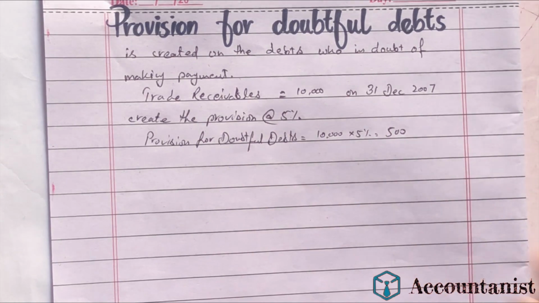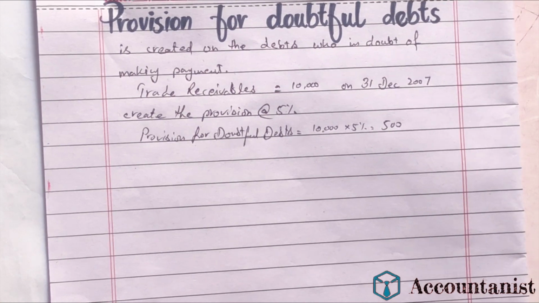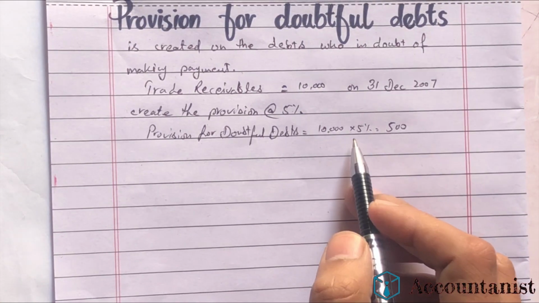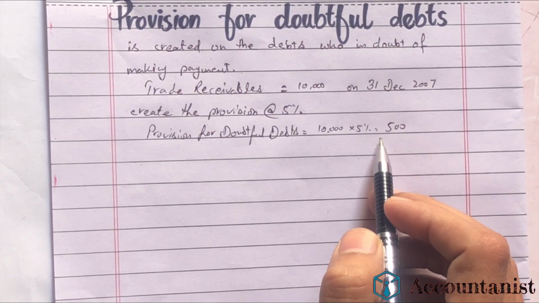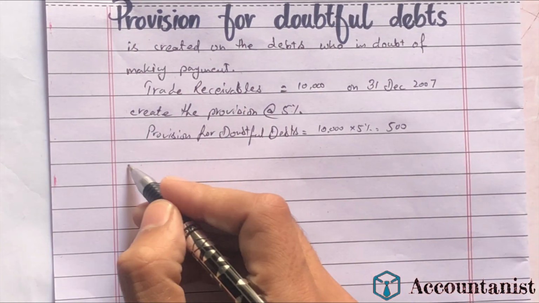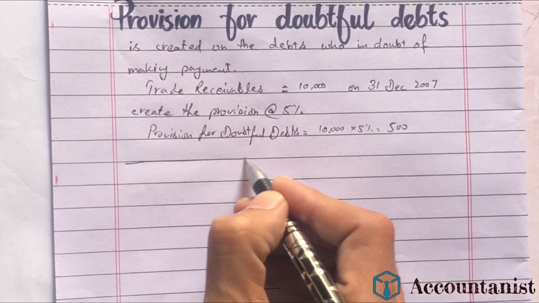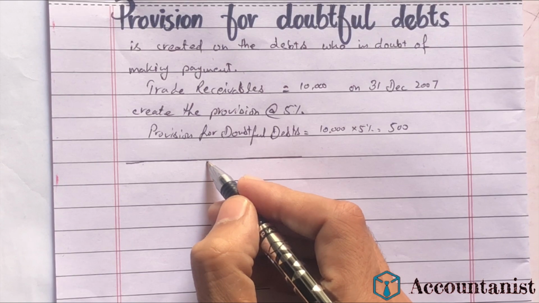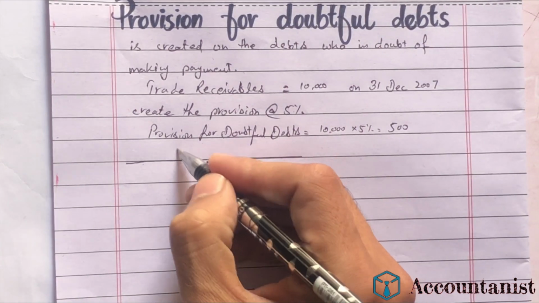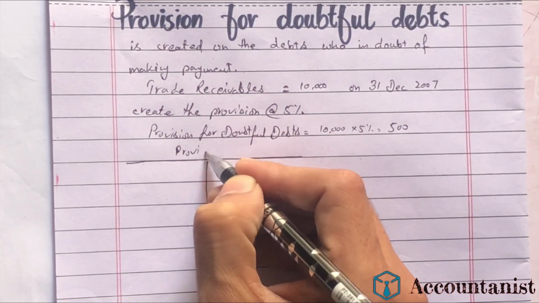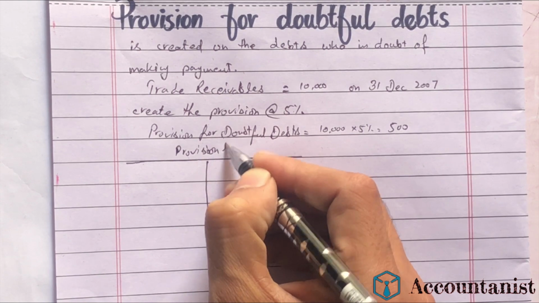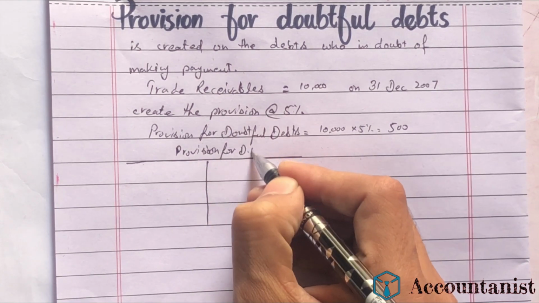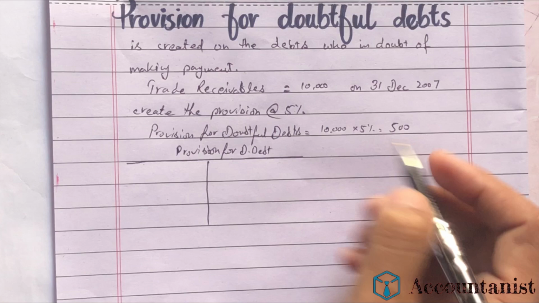I'm going to show you how we do this. Whatever provision you calculate, that will be your closing balance of the provision for doubtful debts account. So here we are going to make the provision for doubtful debts account.